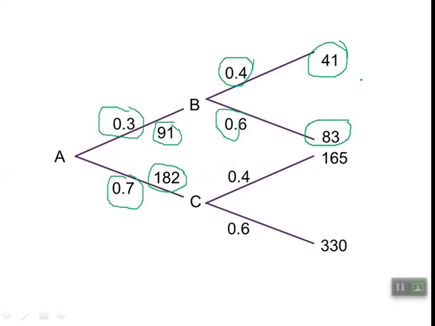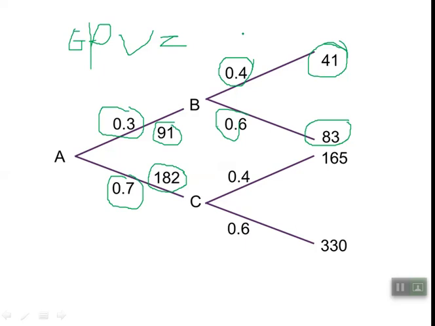So when we are calculating for probability in this case, we move from right to left. So in this case, we are going to have 41 when we are calculating our expected present value cash flow.